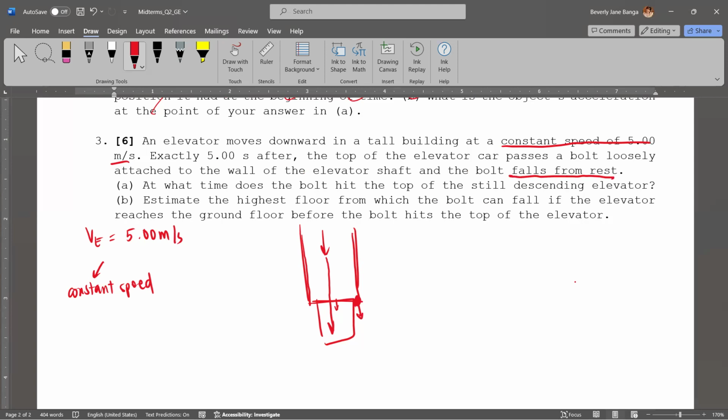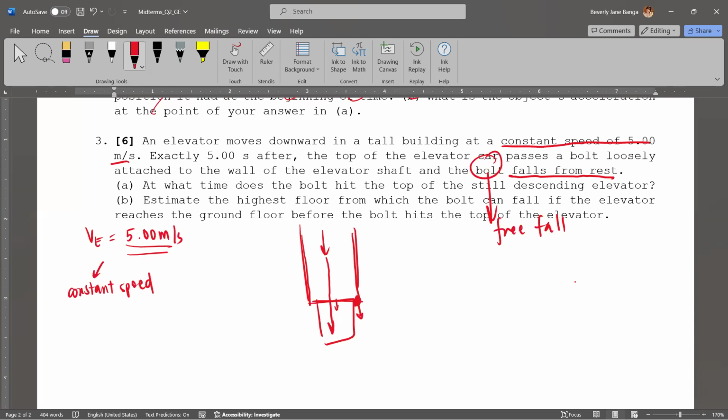So again, your elevator is at constant speed and the bolt is falling from rest, which means that the bolt is in free fall. At what time does the bolt hit the top of the still descending elevator? So, dito ang hinahanap natin ay time kung kailan mahi-hit ni bolt natin yung top ng elevator na bumababa pa lang.